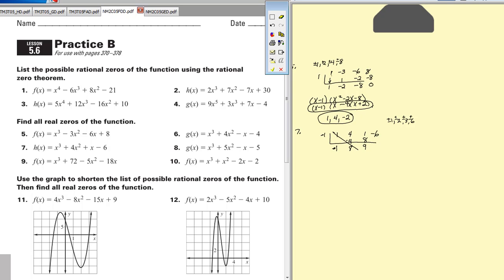Let's try that again. Okay, 1 into 1, 4, 1, -6. Okay, bring my 1 down. And then I have 1 here, not 4. Add 5. Add 6.